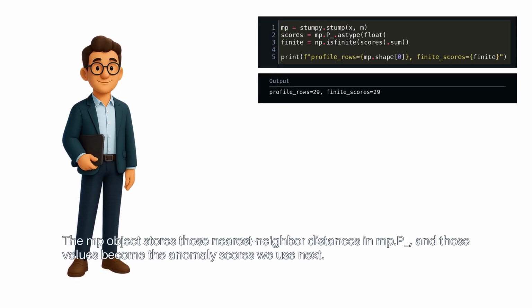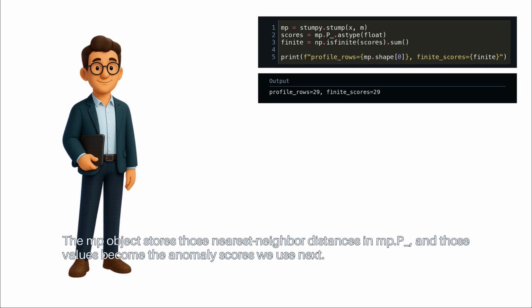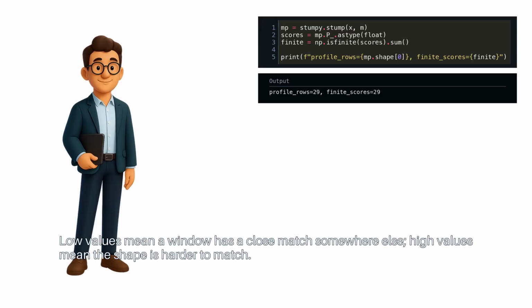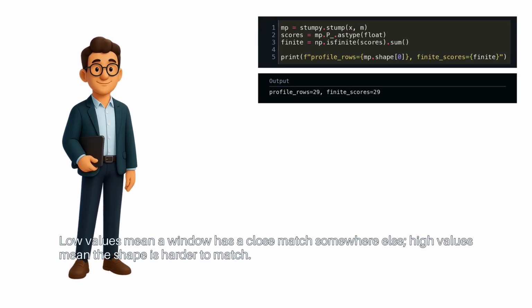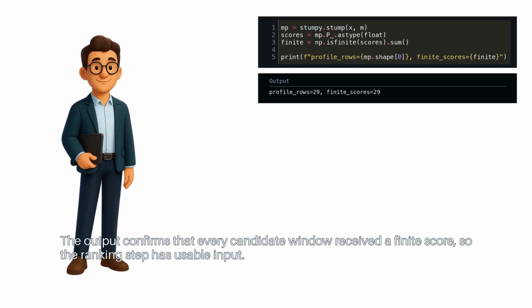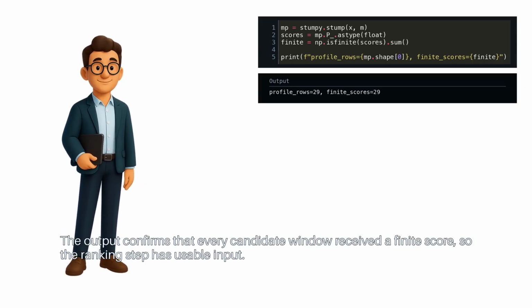The mp object stores those nearest neighbor distances in mp.P, and those values become the anomaly scores we use next. Low values mean a window has a close match somewhere else. High values mean the shape is harder to match. The output confirms that every candidate window received a finite score, so the ranking step has usable input.